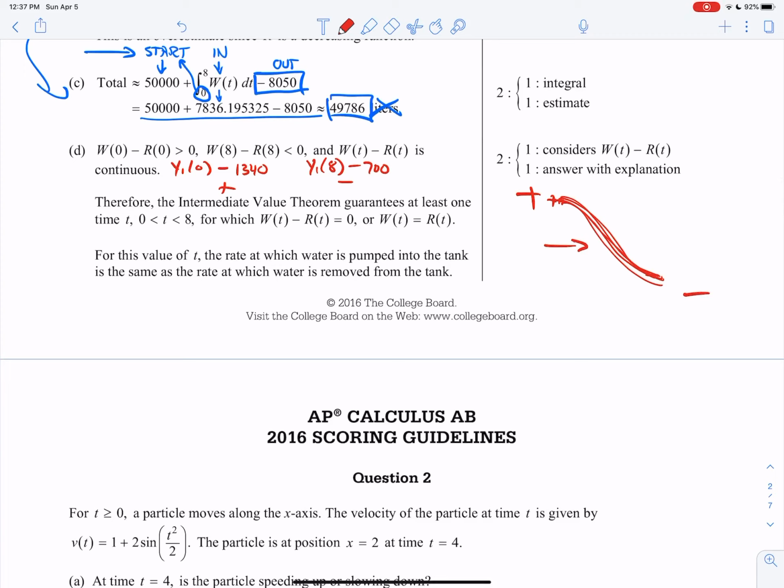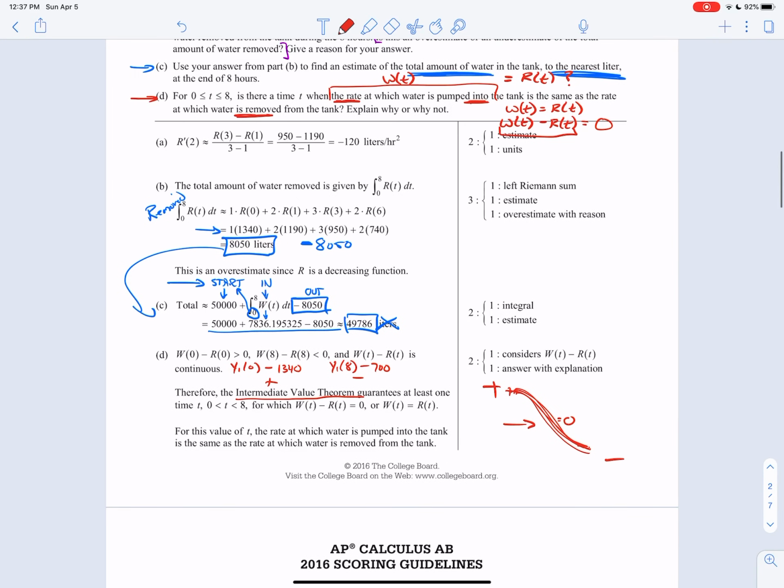So we know there has to be some time in between 0 and 8 where it'll hit 0 exactly. And that's according to the intermediate value theorem. Again, not too obvious. It takes a lot of practice for that. But I do anticipate them showing up on your AP exam. So make sure that you guys put it in practice.